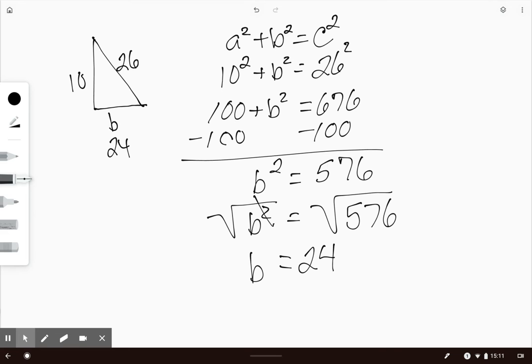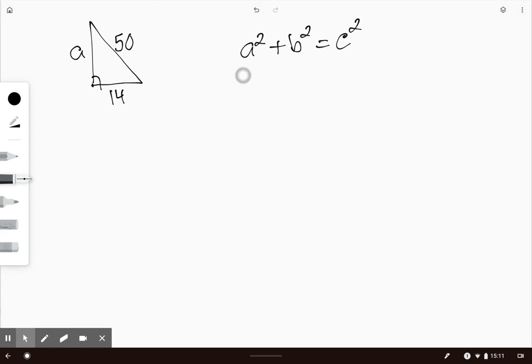So let's do the third example. So again, I have my right triangle, and I have A, B, and then side C is 50. So A squared plus B squared equals C squared. So I have A squared, since that's the side I'm looking for.